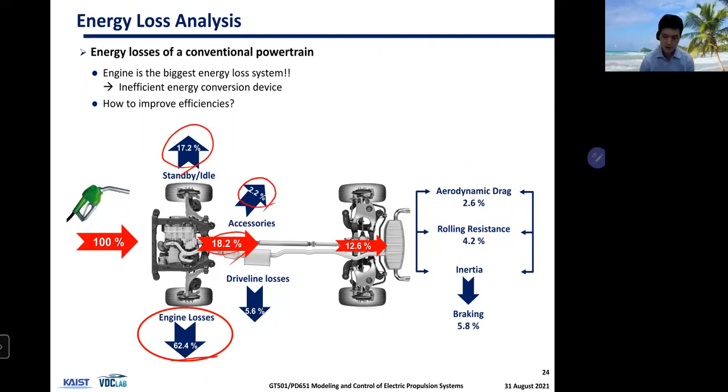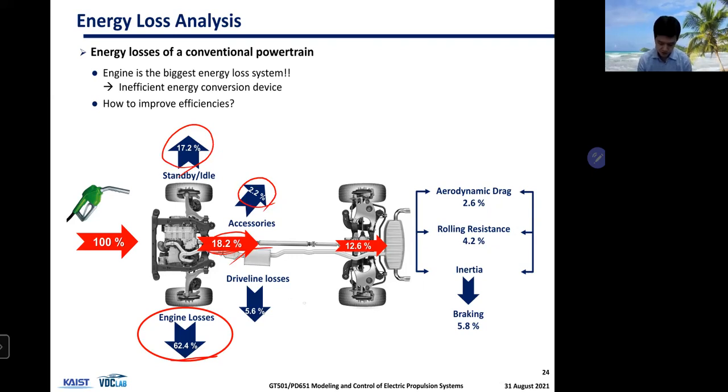Okay, like lightings and pumps and those things require energy too, and usually those are coupled to the powertrain. So this is it. 18.2% out of 100 is going into your driveline, your wheel.